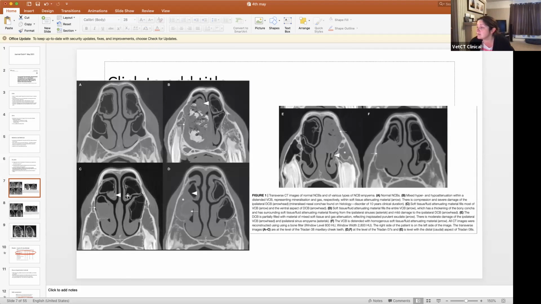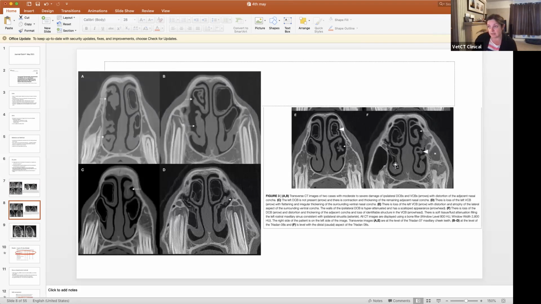C is soft tissue fluid attenuation within most of the ventral conchobulla and ventrally in the dorsal conchobulla. D is soft tissue filling the entire ventral conchobulla, thickening of the bony conchae, and soft tissue fluid attenuating material in the adjacent sinuses. And then we've got dorsal conchobulla affected there and the ventral conchobulla affected there.